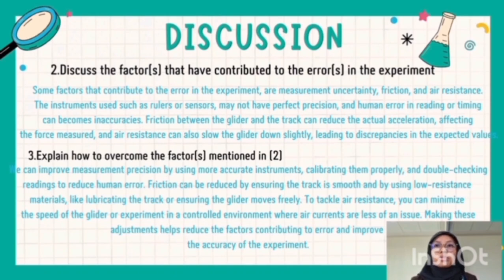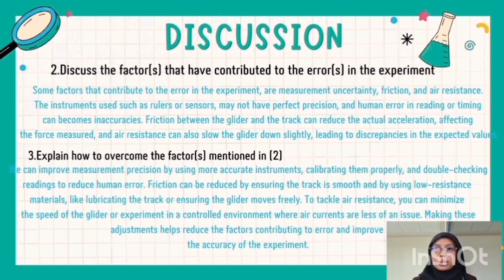Alright, the second question is to discuss the factors that have contributed to the errors in the experiment. Some factors that contribute to the error in the experiment are measurement uncertainty, friction, and air resistance. The instruments used, such as rulers or sensors, may not have perfect precision, and human error in reading or timing can cause inaccuracies.